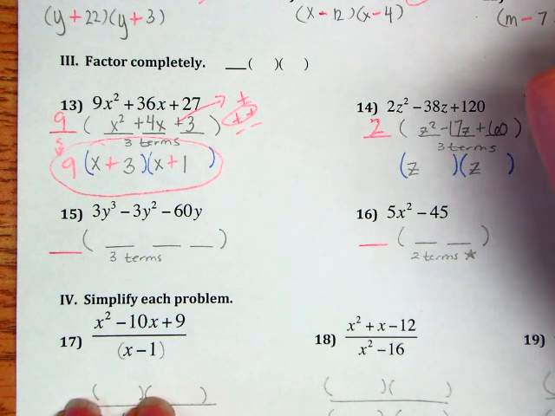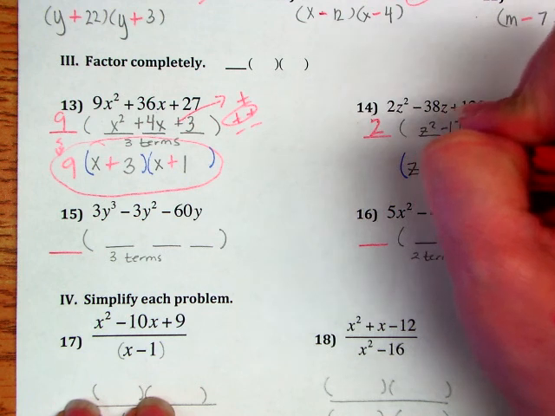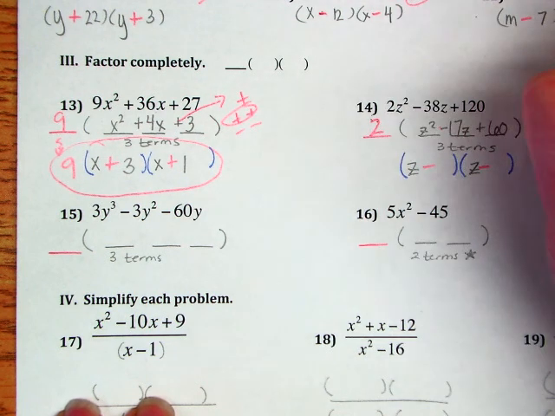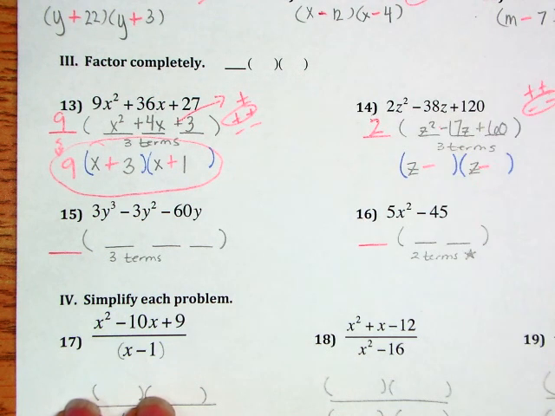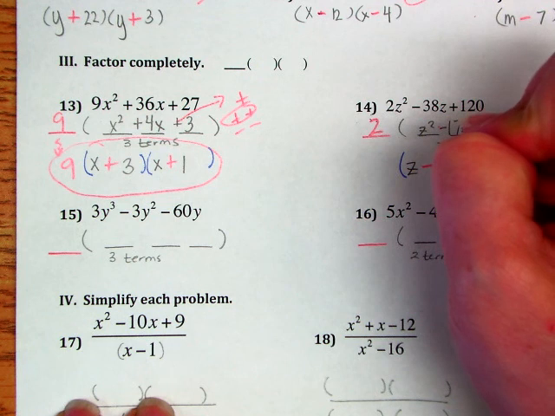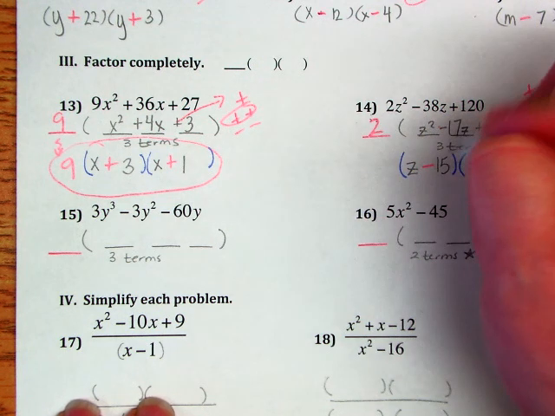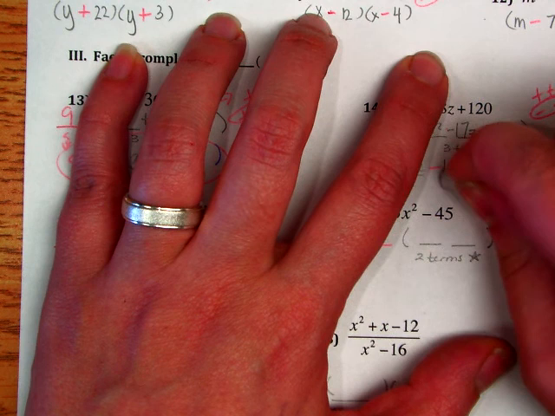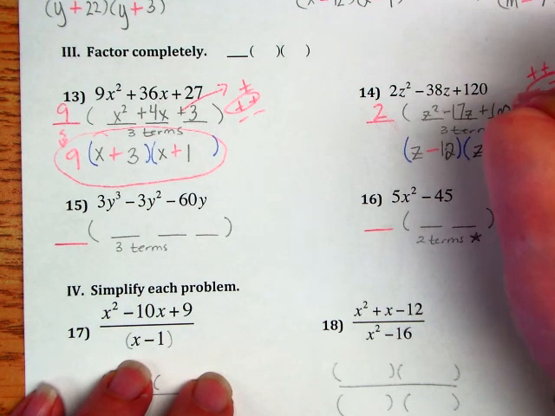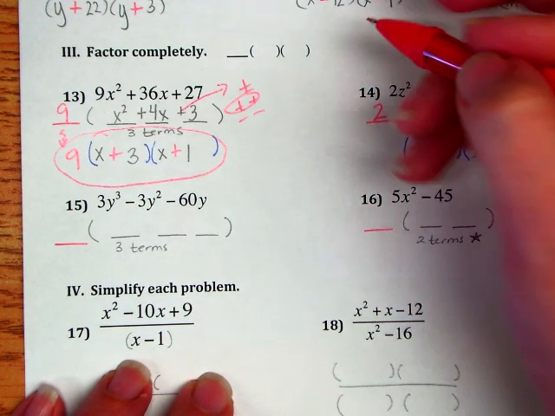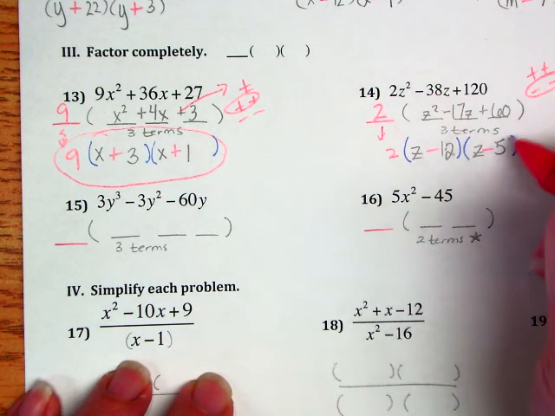My signs are plus plus, minus minus. Because of this, it's minus minus. My numbers are 15 and 4. 12 and 5. Don't forget to bring down the 2.